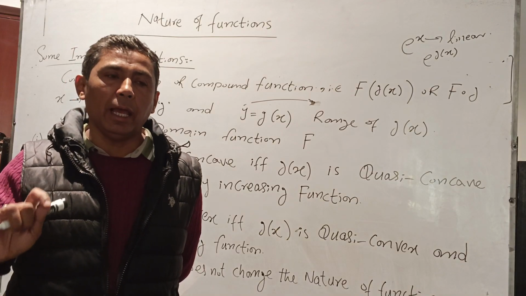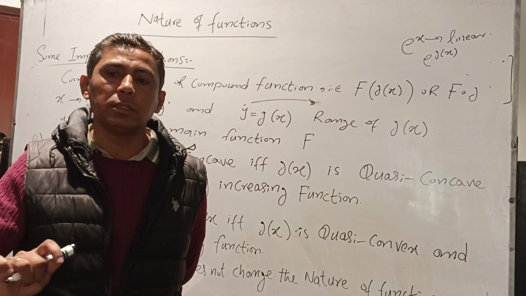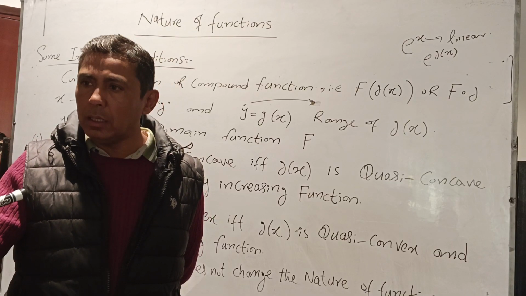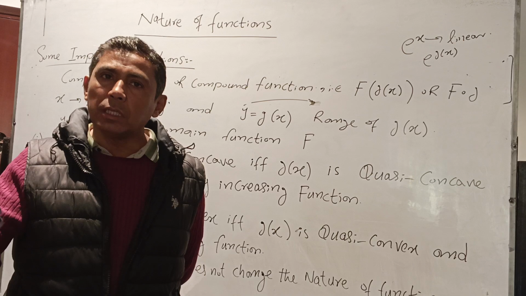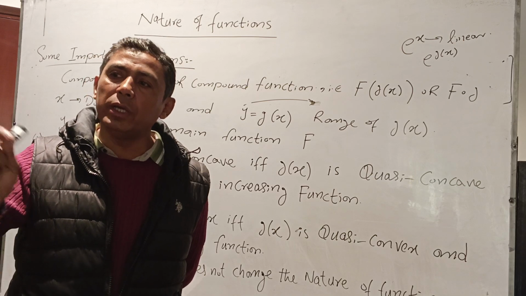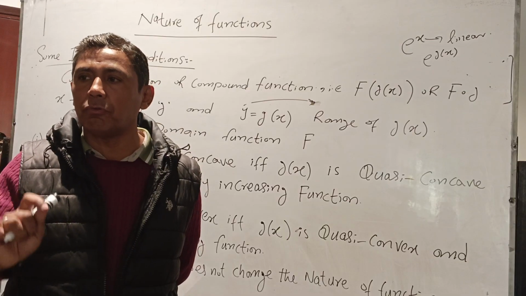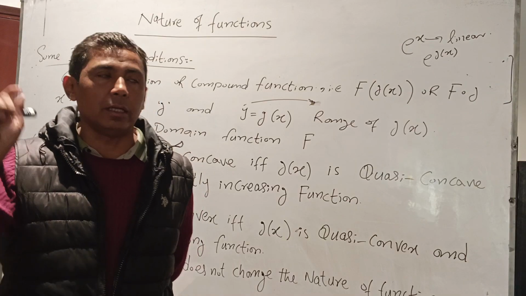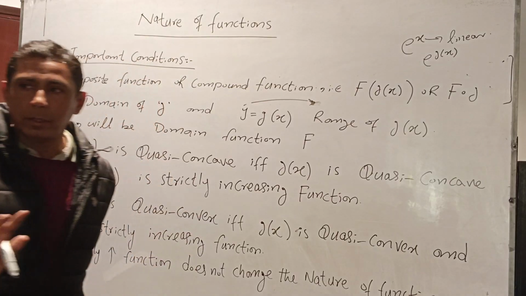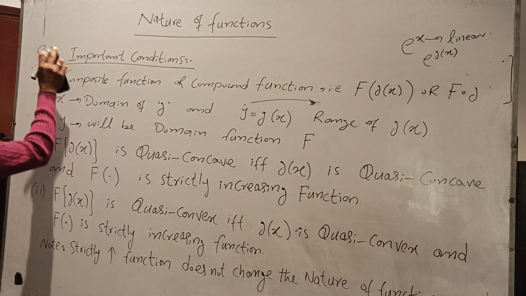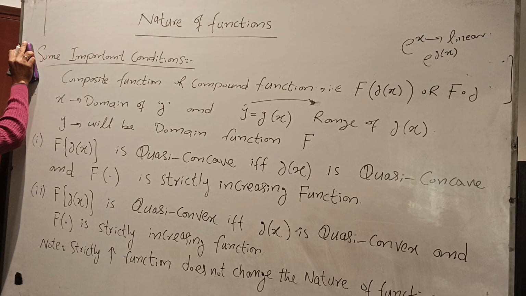Why? Exponential is always an increasing function, clear? And similarly, ln is always an increasing function. Ln does not change the nature of the function, and for exponential and ln we can prove it here. How?